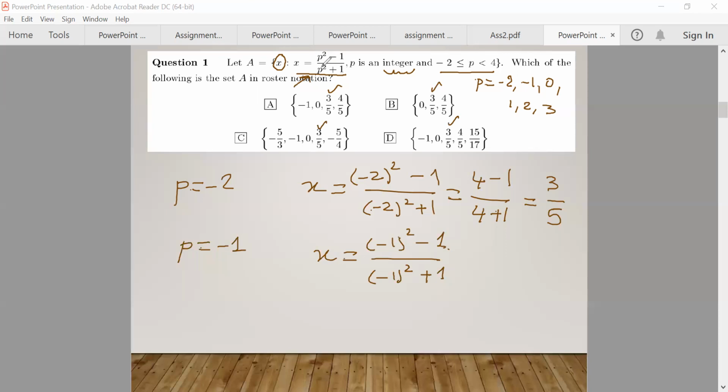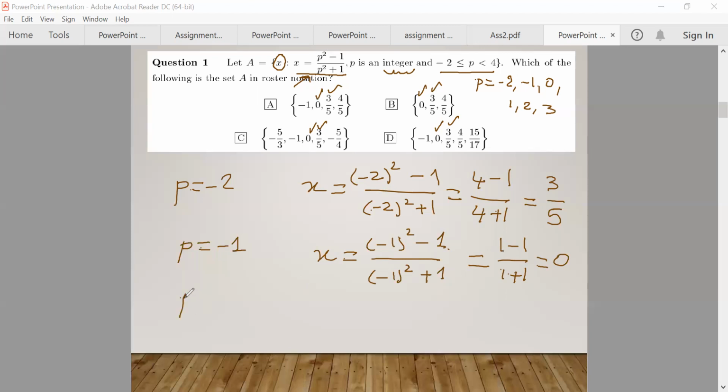I take a value for p, I replace it in the formula, and I get a value for x. This gives me 1 minus 1 over 1 plus 1. So it's 0. Unfortunately, 0 is in all the choices. Okay. We continue.